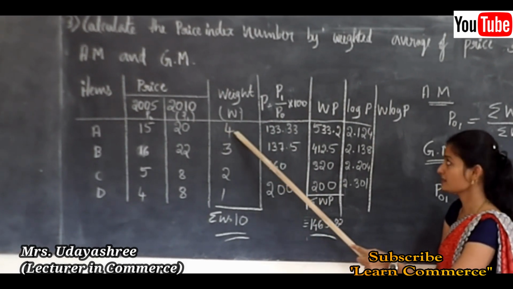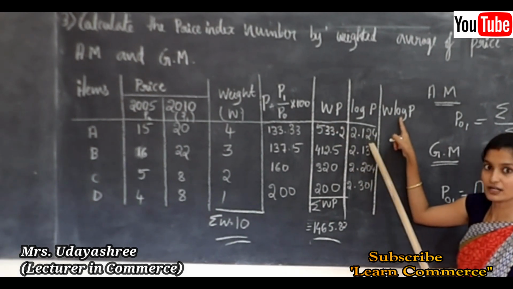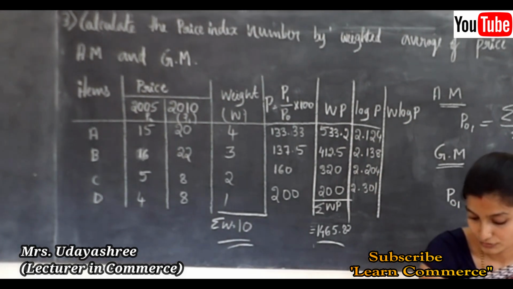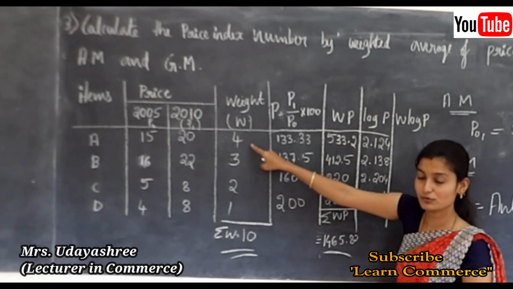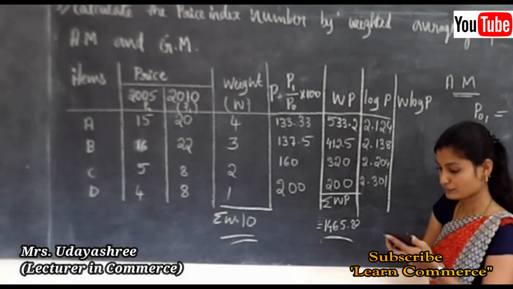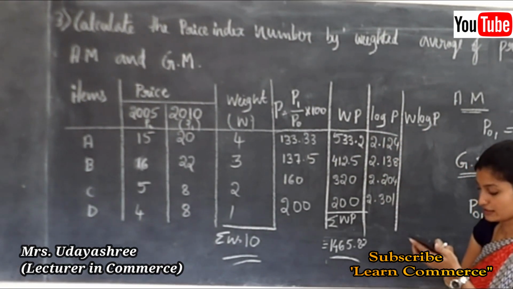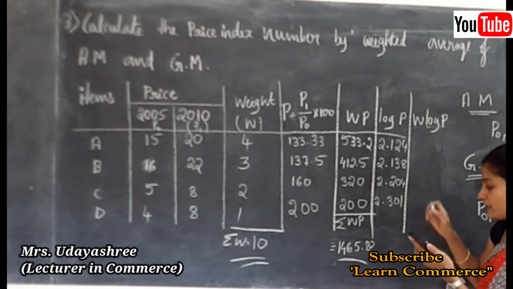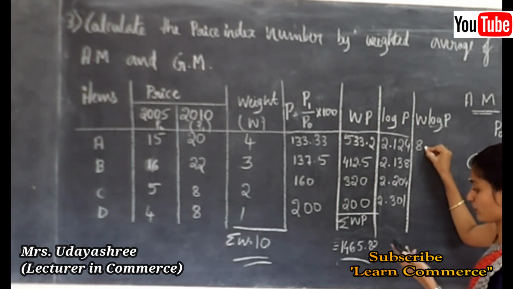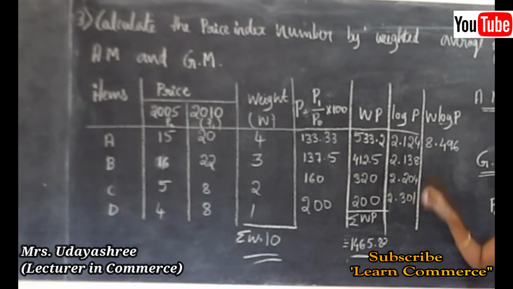So 4 into log P, that is 2.124. The answer is 8.496.